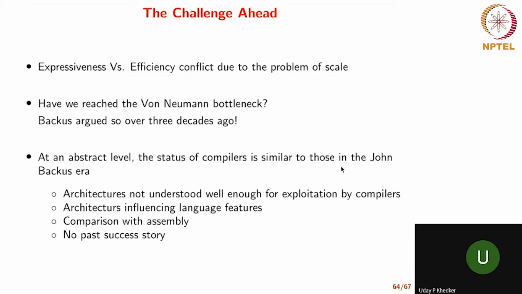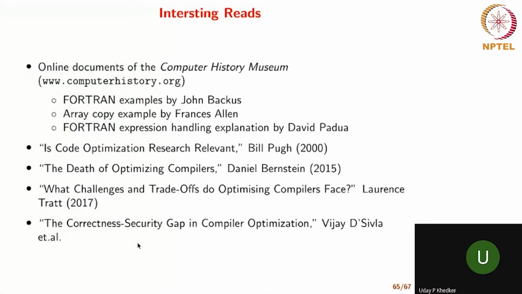So the era faced by John Backus was characterized by these 4 features, and I feel that on the frontiers of computing, these 4 features continue to remain and continue to torment the compiler writers who try to address them. I have listed many interesting references that I have used in building this talk. You can go through these and read the original text.